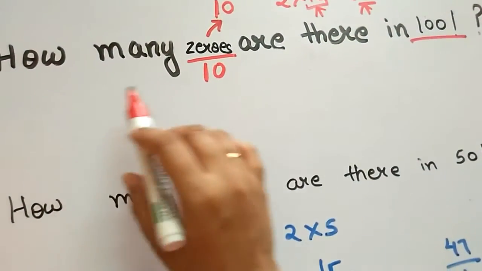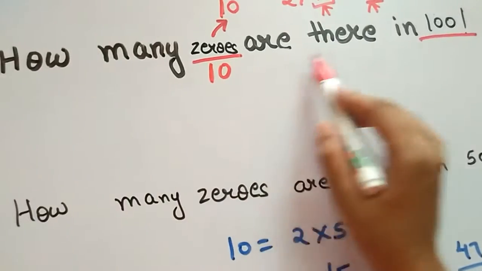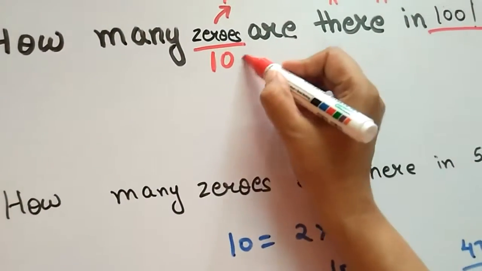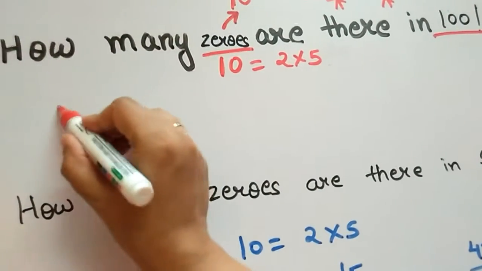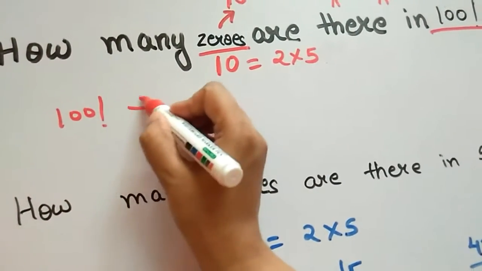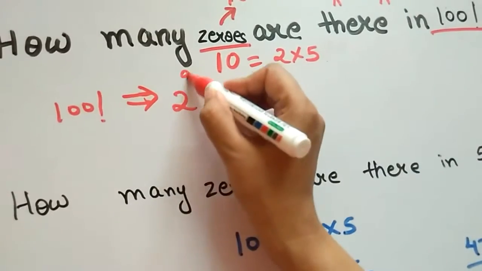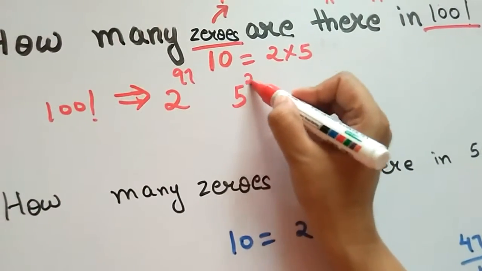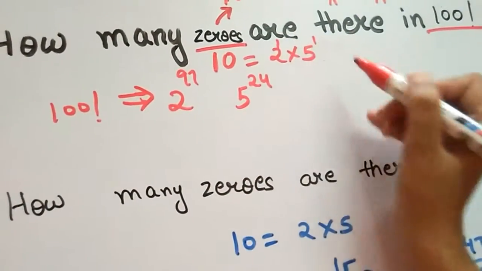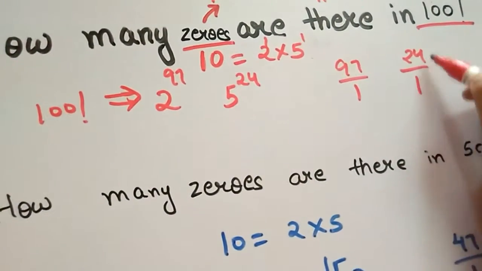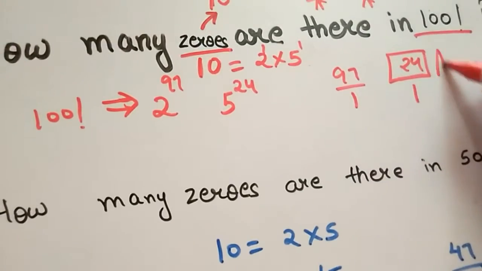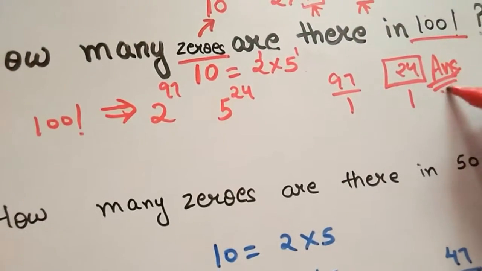So in this question you have been asked how many 10 are there in 100 factorial. So what is 10? 2 into 5, and we have already calculated in 100 factorial how many 2s are there? 97. And how many 5 are there? 24. Their power is 1 and 1. So 97 divided by 1, 24 divided by 1 comes out to be lowest power is 24. So this is your answer.